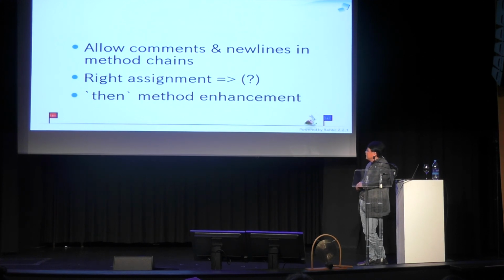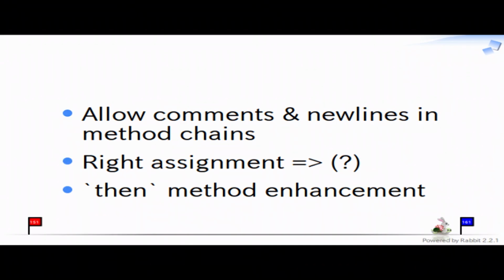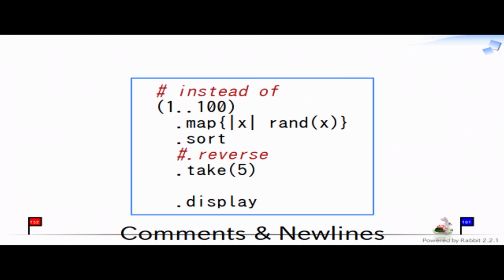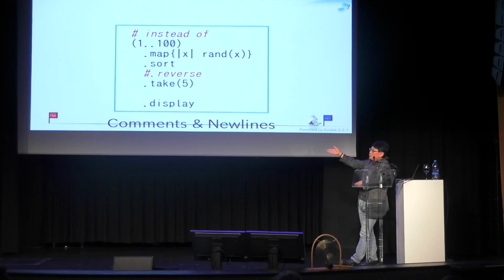As a side effect of those experiments, we found out that we need to allow comments and new lines in method chains. For example, like this. In the current syntax, you cannot comment out the middle of a method chain, or add a new line in the method chain, because the method chain will be cut and executed.